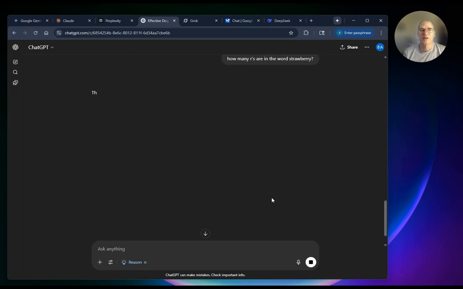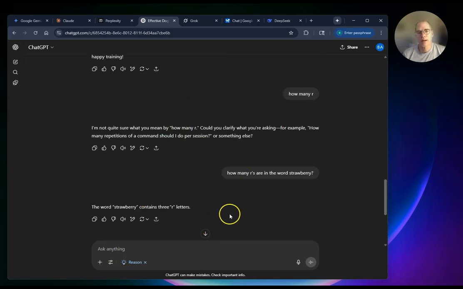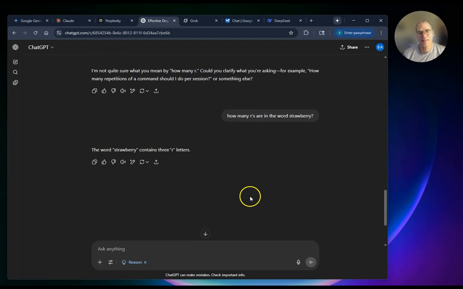Now, this has been a question that's been used to test large language models for a long time. This one, no problem, because it's probably been given the answer because so many people have tested it.